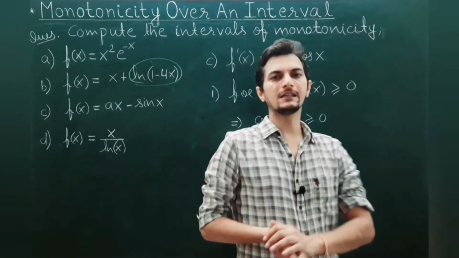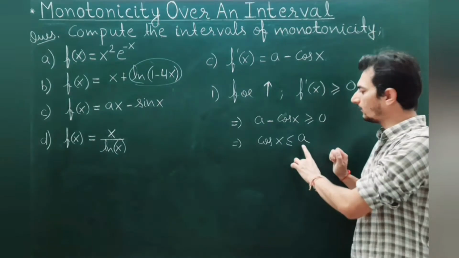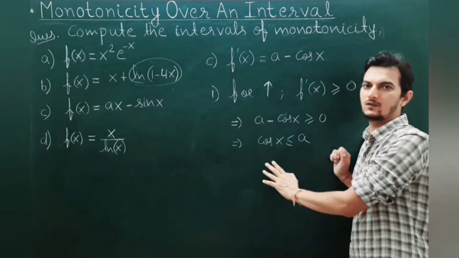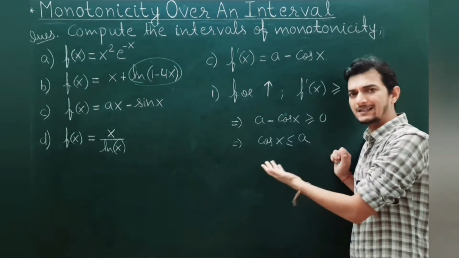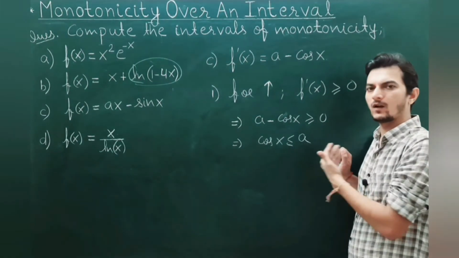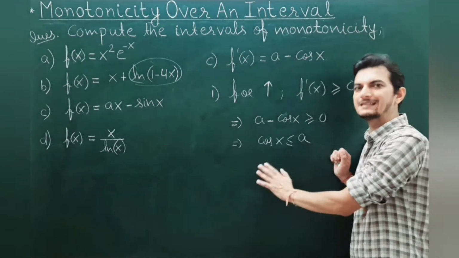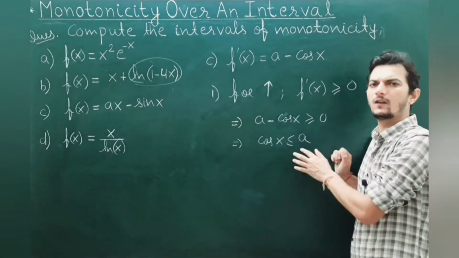Clearly you can see that A takes the value 1 or greater than 1. If A is 1, cos x is always less than or equal to 1. If A is 2, cos x is always less than 2. If A is greater than 1, such as 1, 2, 3, 4, any value, cos x is going to be less than or equal to this A, which is greater than or equal to 1.